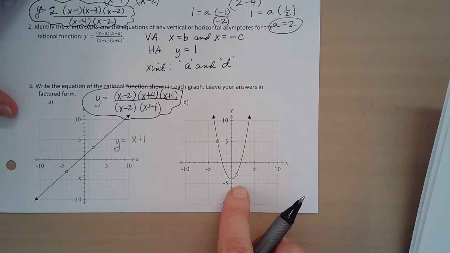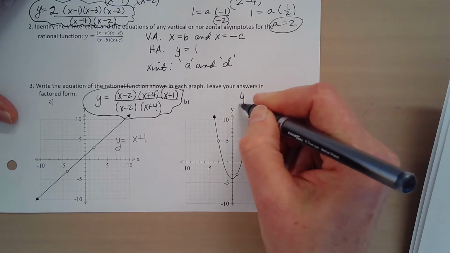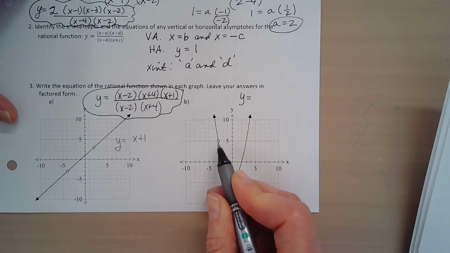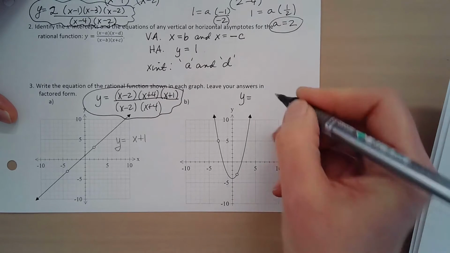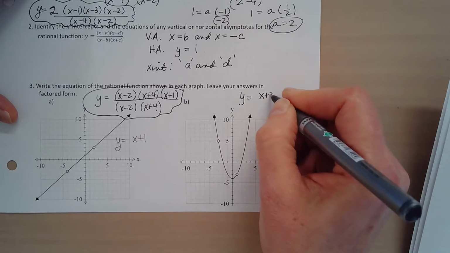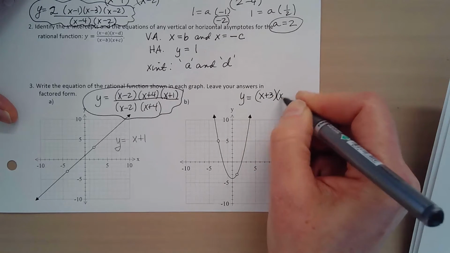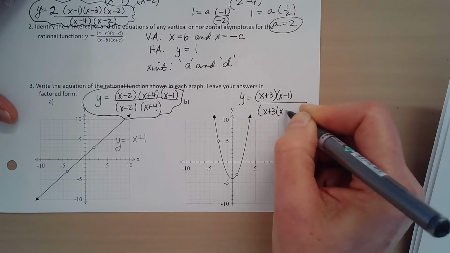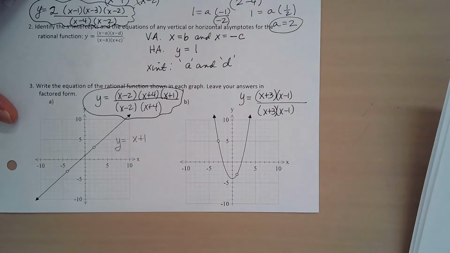Same thing here. Okay, so I have common factors at what? Negative 3 and positive 1. Okay, so x plus 3, x minus 1, top and bottom. Now I have to be left with a quadratic.